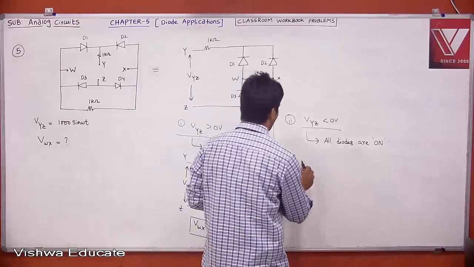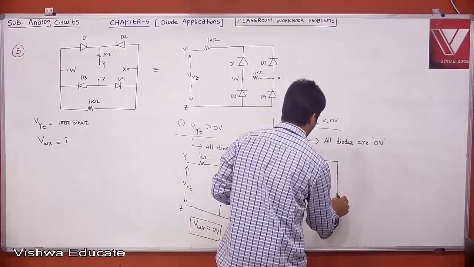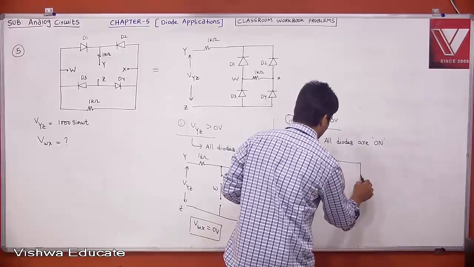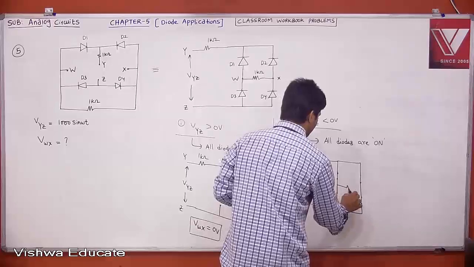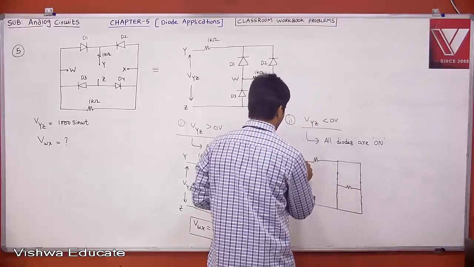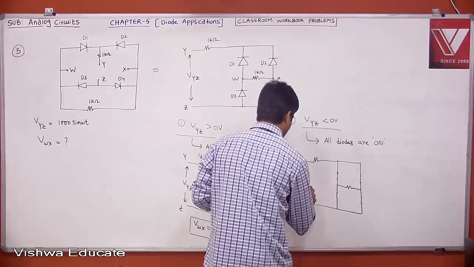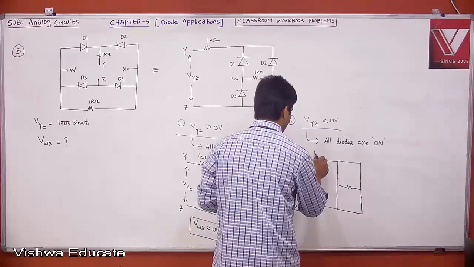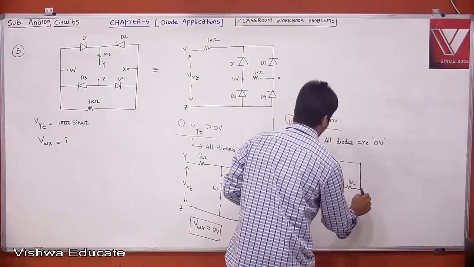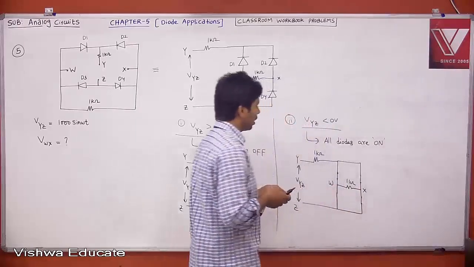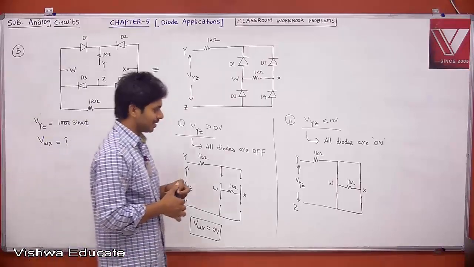Then what is the circuit when all diodes are on? This is on, this is on, this is also on, this is also on, and you have a resistor in between. This is Y, this is Z, and this is VYZ. This is 1 kilo ohm, this is also 1 kilo ohm, this is W and this is X. When all are on, what is VWX?